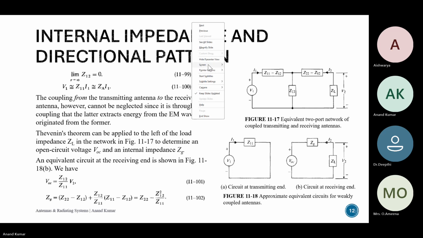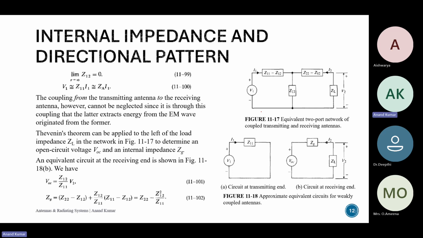So now the amount of voltage over here is VOC, right? This is VOC. So the voltage across this terminal would be, this is Z12, and this Z12 is much smaller than Z11, so we'll consider it to be Z11.